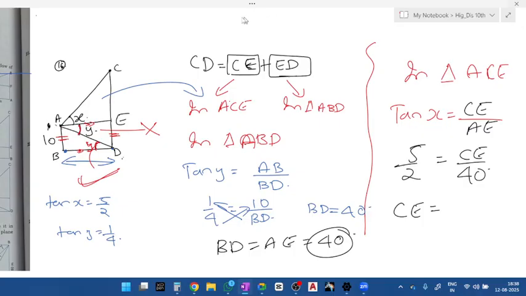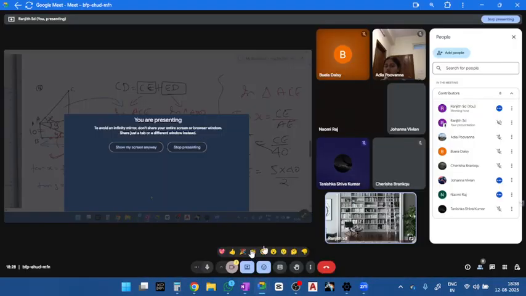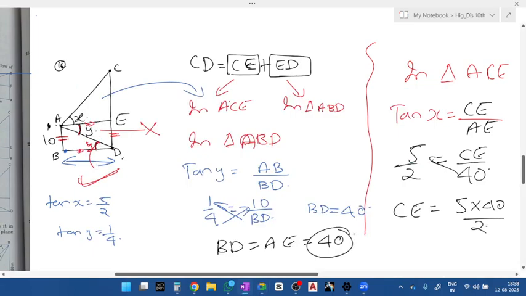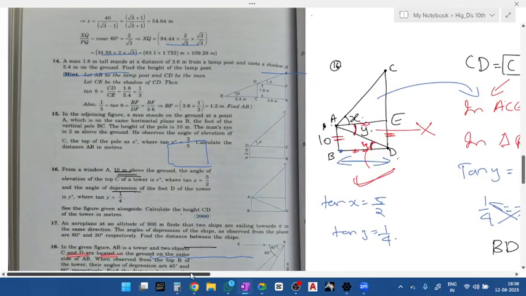What is CE, students? Can you all be quick? What did you all get? What's the answer? 100. So what do we need to find, CE or the entire tower? Calculate the height of CD.